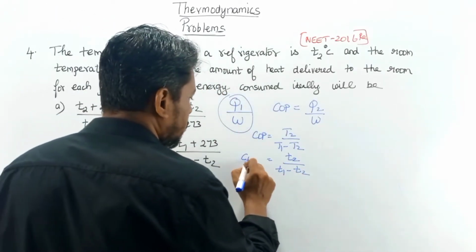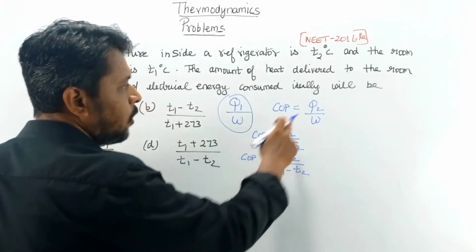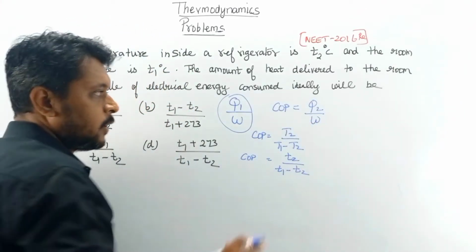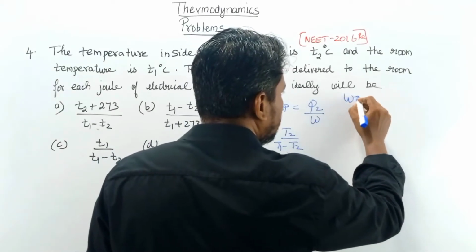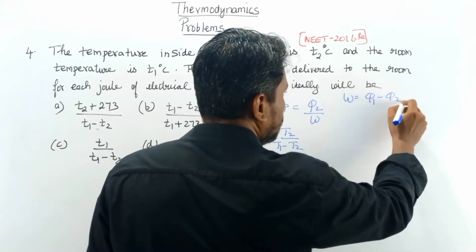Okay, this is the COP. But you know the COP is also equal to Q2 by W. Here W is equal to Q1 minus Q2.